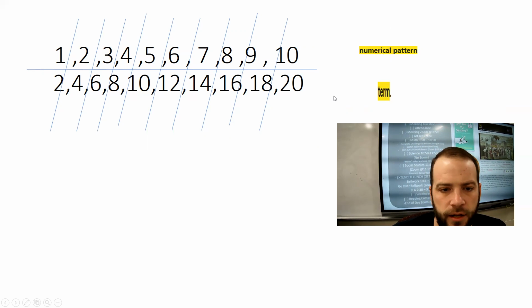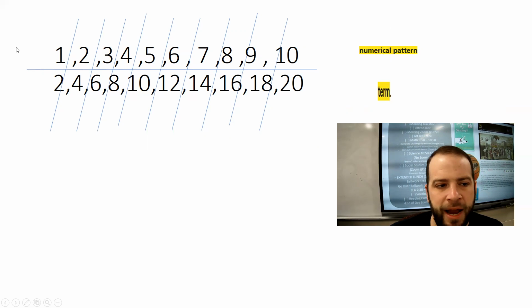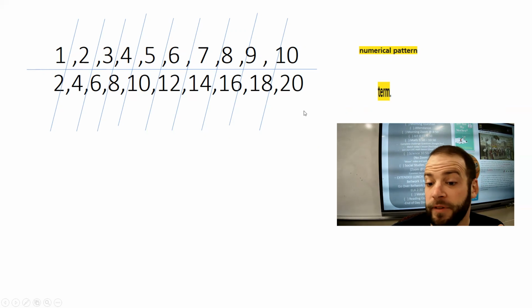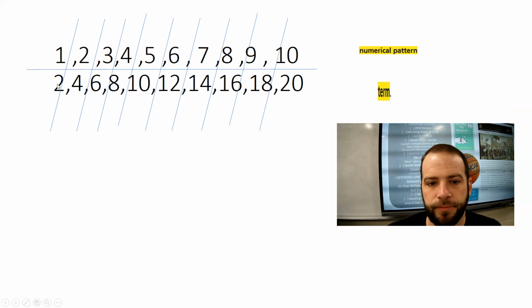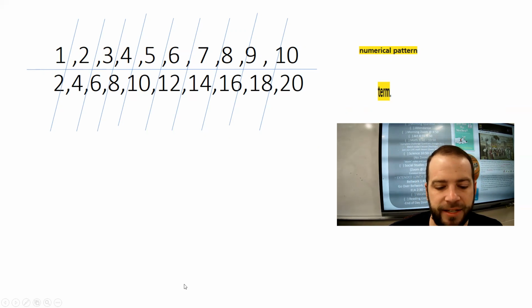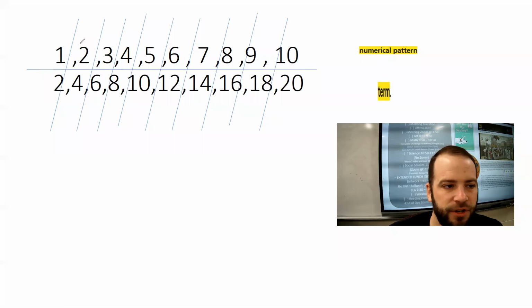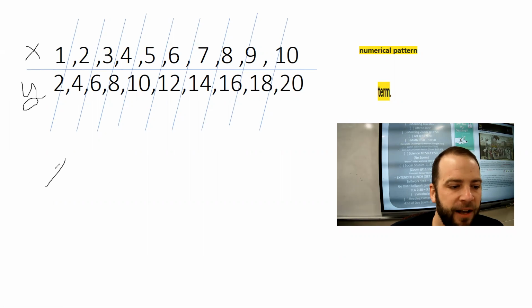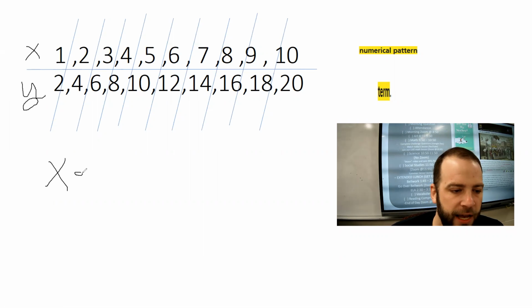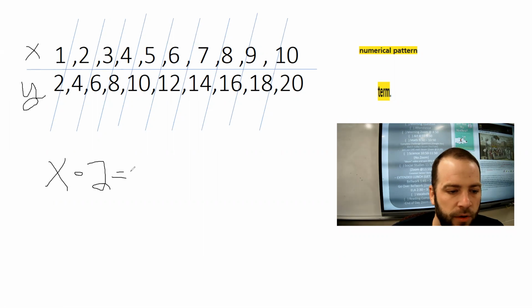And then you could actually compare the top to the bottom if you want to get very fancy and say the top times 2 equals the bottom, right? But instead of saying it's the top, let's just give it a fancy name. Let's call the top X and the bottom Y. You could say here that X times 2 equals Y.